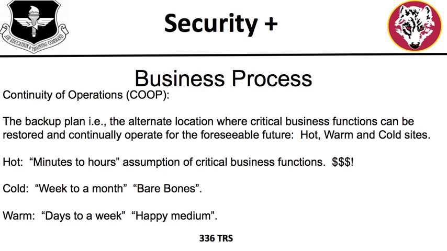Hot site implies minutes to hours returning to normal business functions, or critical business functions. This is very costly. Essentially, you're building or maintaining a mirror facility where you normally conduct your business out of. Obviously, the best solution, but very expensive.